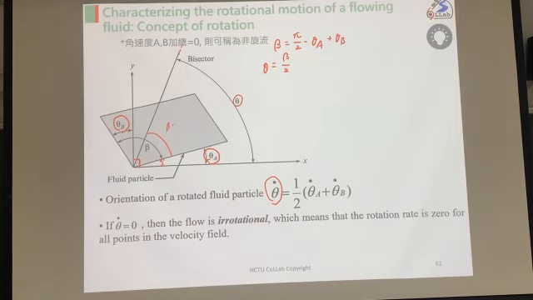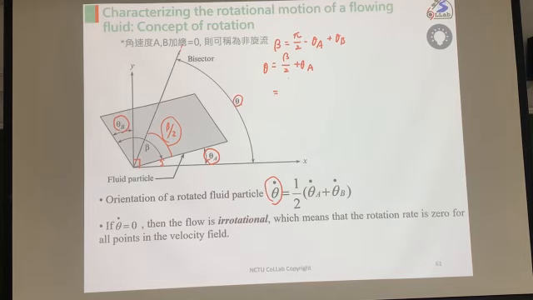Because this line is the bisector. So I know here is beta divided by 2. And beta over 2 plus theta A will be equal to theta, right? Bisector: half beta plus theta A is equal to theta.